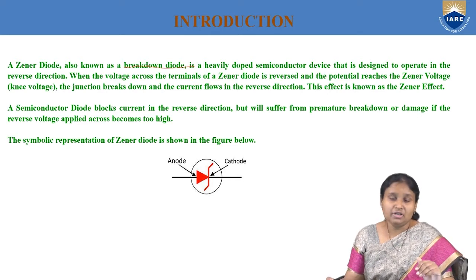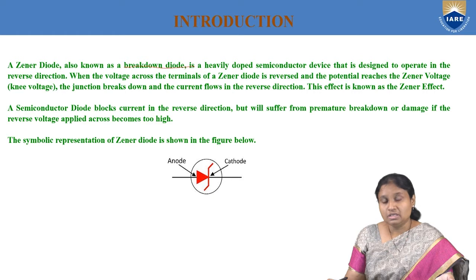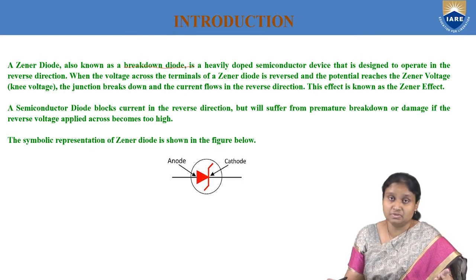When breakdown of the junction takes place, our diode is going to get damaged, and we cannot use this diode for the next application. So usually we try to avoid using our normal diode at breakdown voltage. In normal diodes, this breakdown voltage occurs at a very high reverse bias voltage.